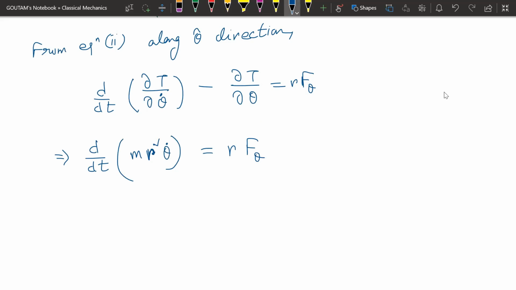If you remember correctly, this is the angular momentum. So d/dt of angular momentum is the rate of change of angular momentum, which is termed the torque.